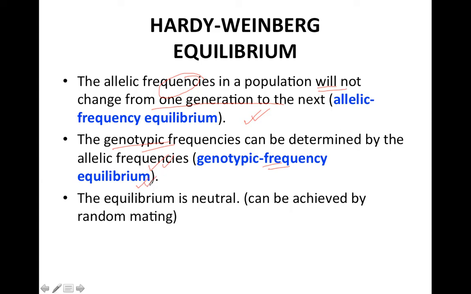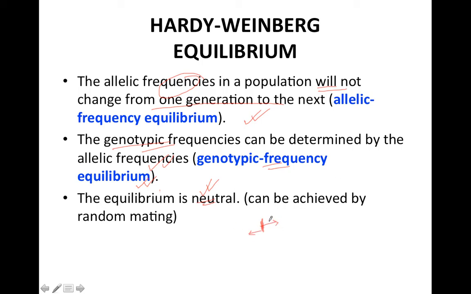Overall, this equilibrium remains neutral. Okay, what do you mean by neutral equilibrium? That this equilibrium will not move, will remain in the center and will not move in either direction.